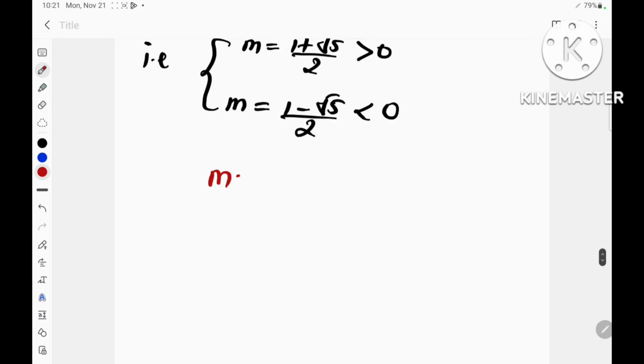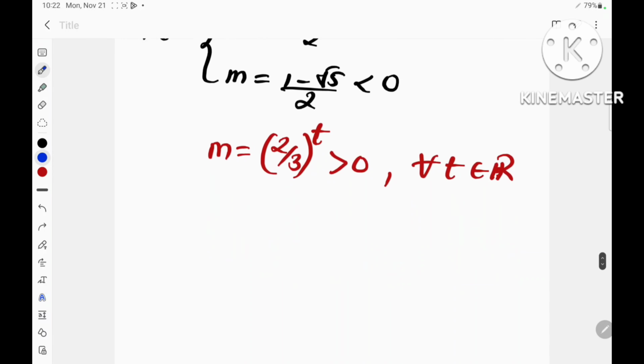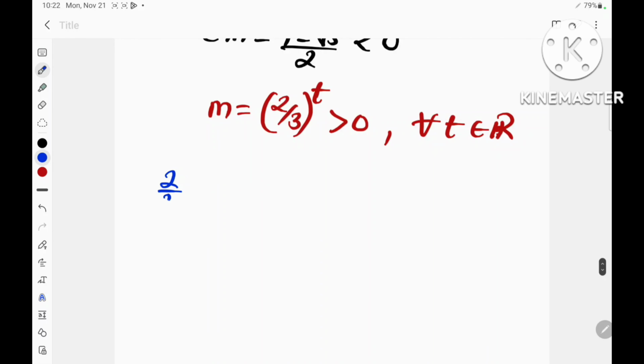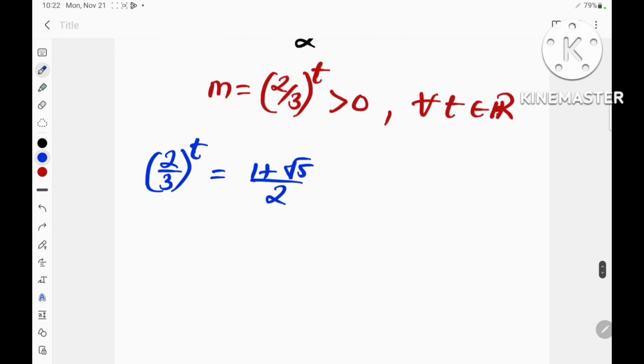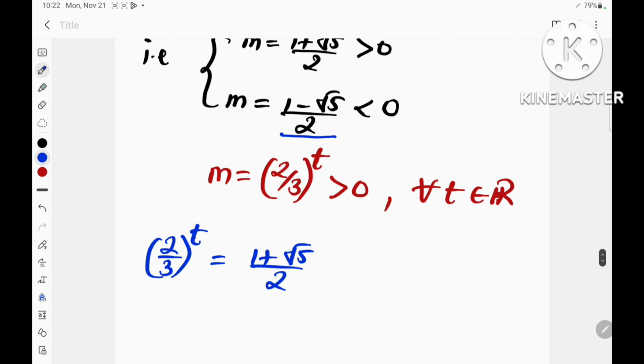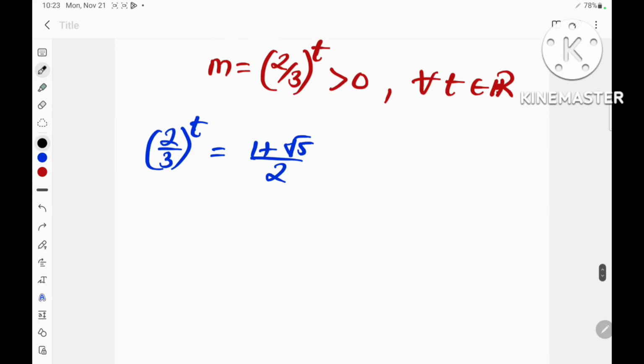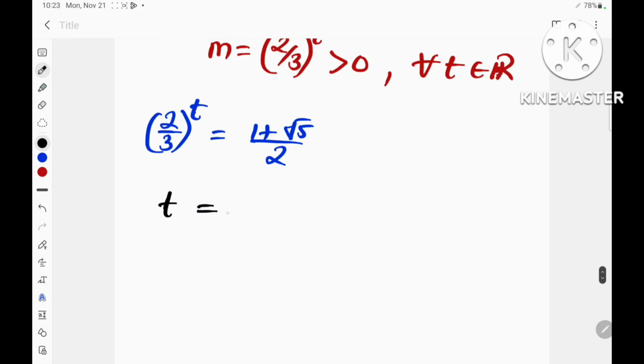But we know that m is equal to 2 on 3, all this raised to the power t, and that this is always positive for all t in the set of real numbers. Therefore, 2 on 3, all this raised to the power t, is only equal to 1 plus root 5 divided by 2, since 1 minus root 5 divided by 2 is negative. And from the definition of logarithm, t is equal to the log of 1 plus root 5 divided by 2 to the base 2 on 3.